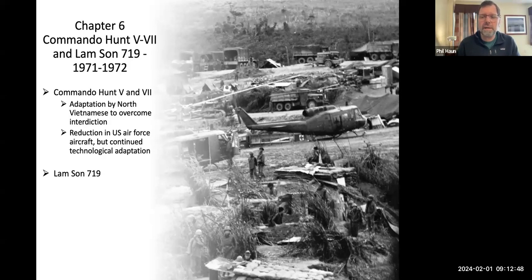But they're not really ready for the high-level threat they find in Laos. The U.S. Army loses over 100 helicopters during this operation that lasts just several weeks, has another 600 of them damaged during this operation. So what we see is a failure of a combined arms operation.